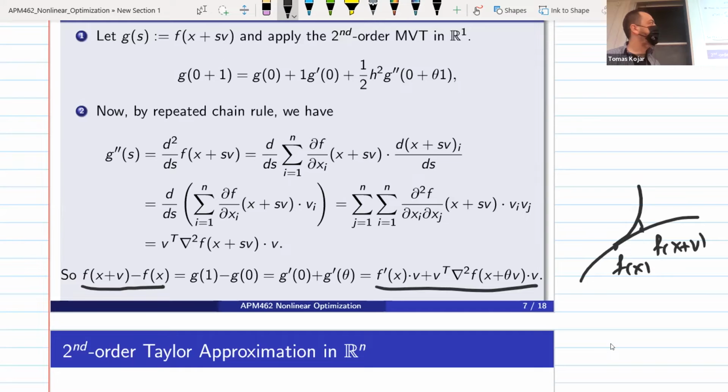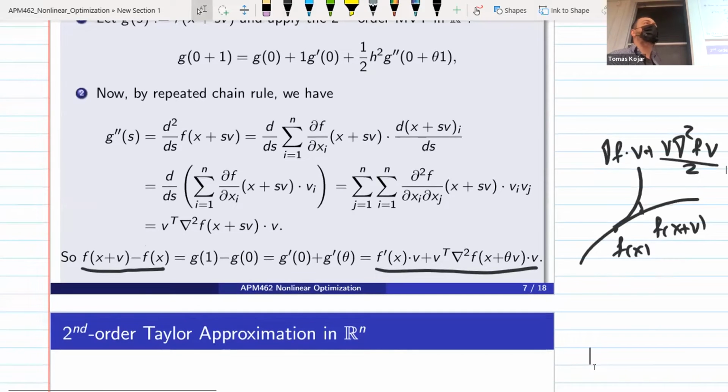This is the f prime, if you like, gradient f and Hessian. Good. Can I go on? Yes. This would be, I've made a lot of mistakes.